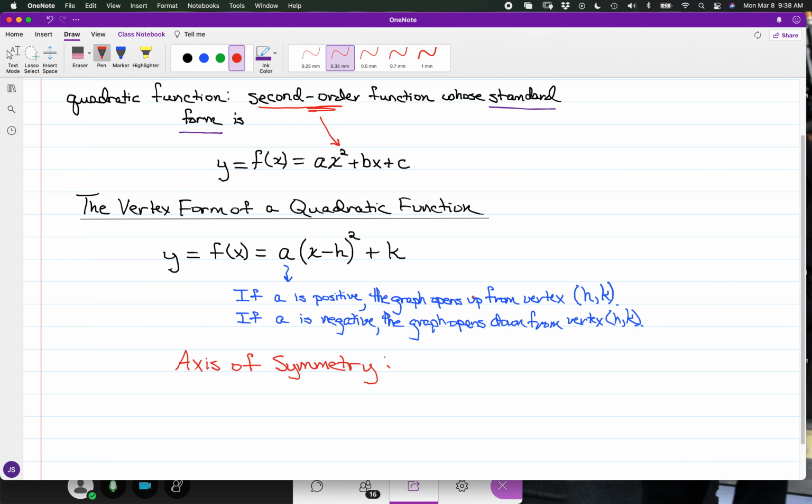And the axis of symmetry is going to be a visual vertical line that's going to divide the graph into equal halves that mirror each other.